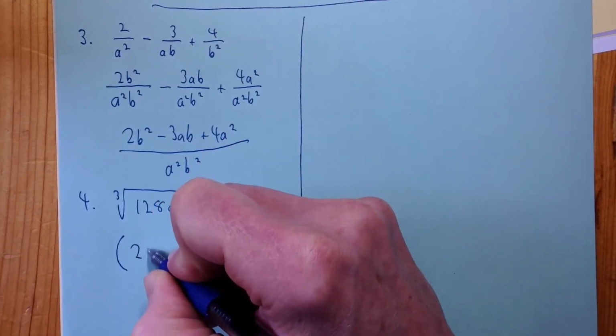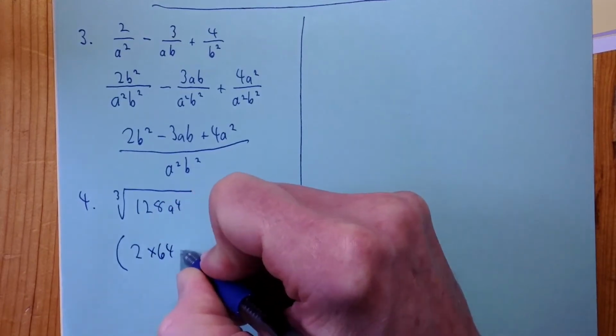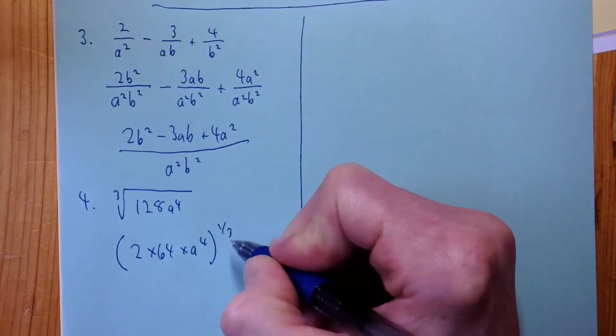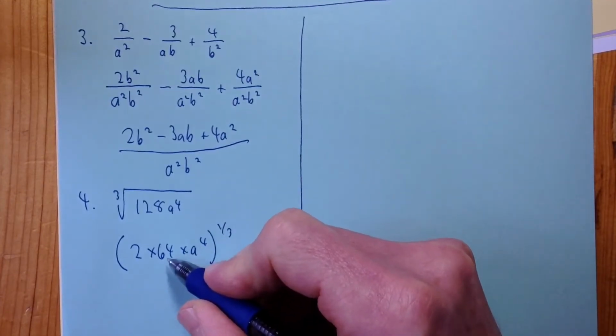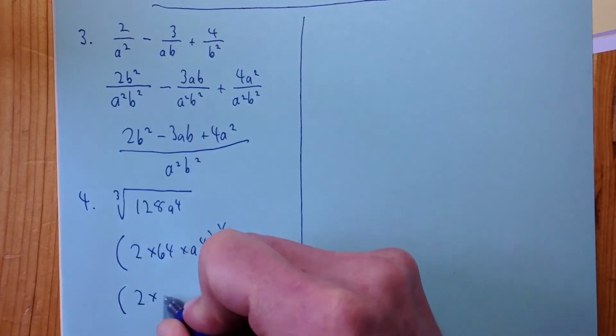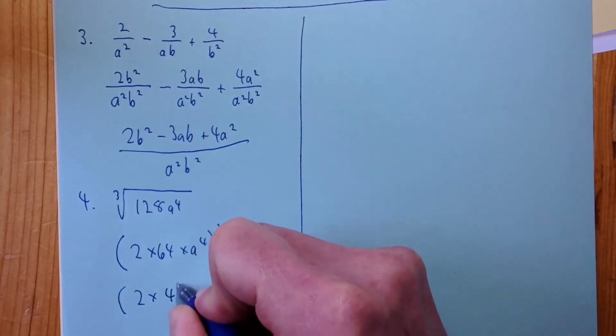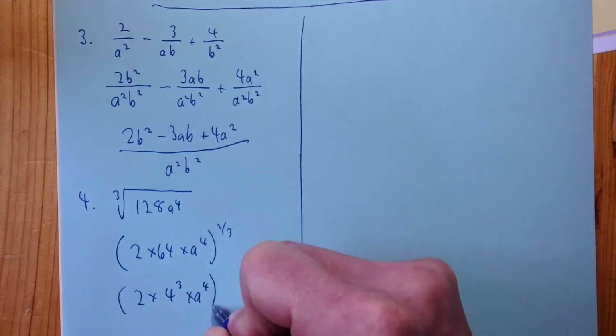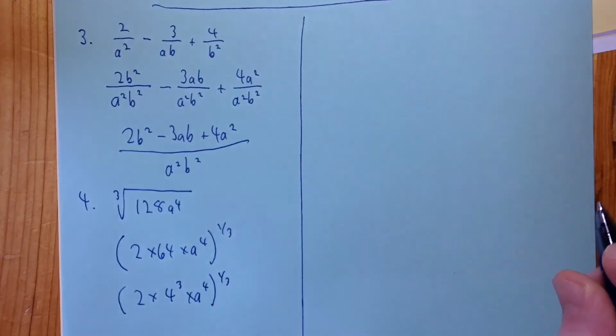So 2 times 64 times a to the 4th, but to the 1/3 power. But 64 is 4 times 4, which is 16, times 4. So that is 2 times 4 to the 3rd power times a to the 4th, to the 1/3.